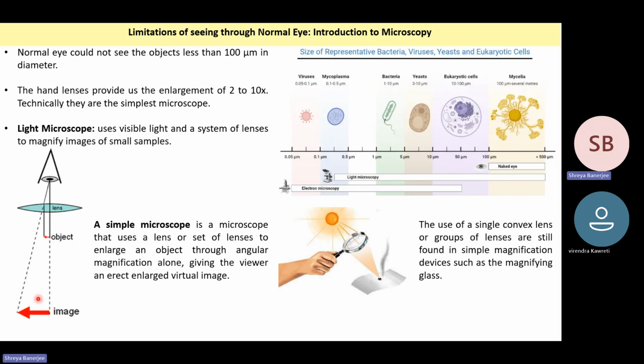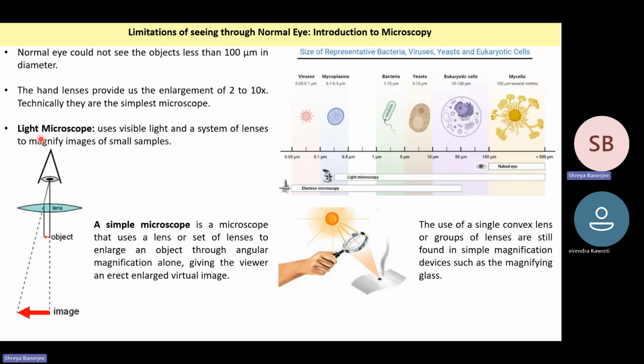This is called the virtual image because it is formed when you draw back the rays. So when the light rays that are meeting the eye, when you draw them back virtually, you get the image. That's why it's a virtual image. If the image had been formed by direct intersection of the light beams, then it would have been a real image. So this is how, from an object this tiny, you get a virtual image this large.